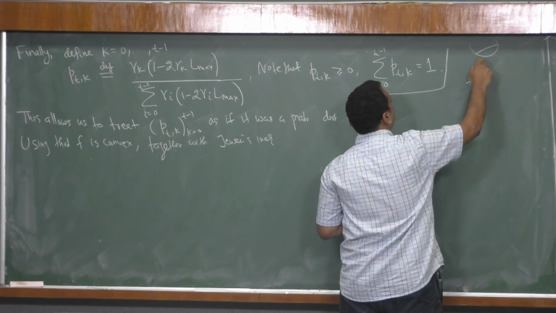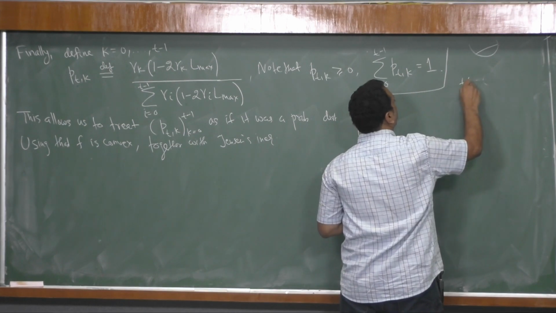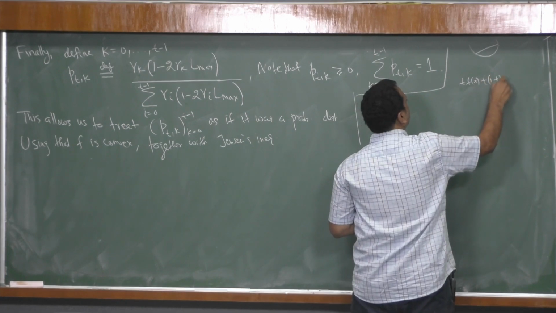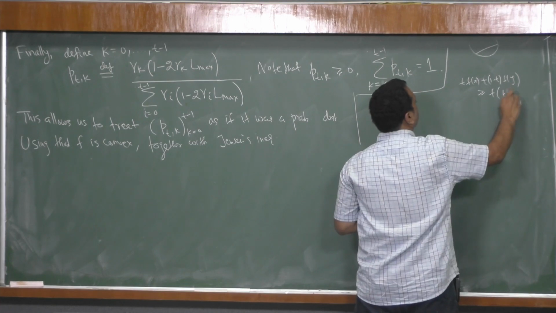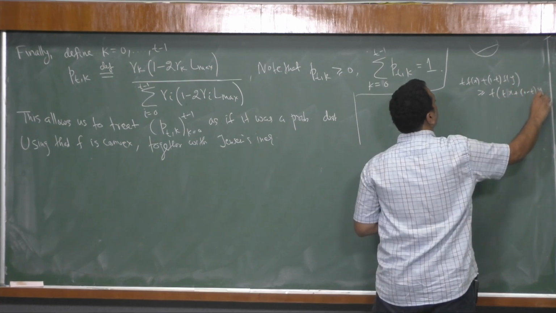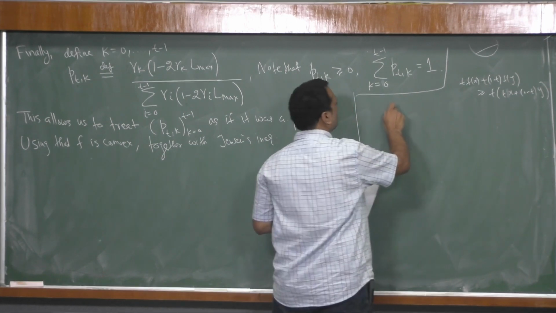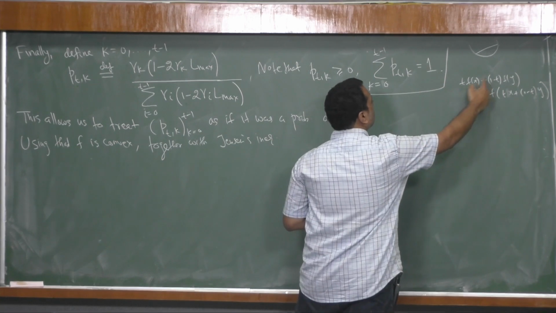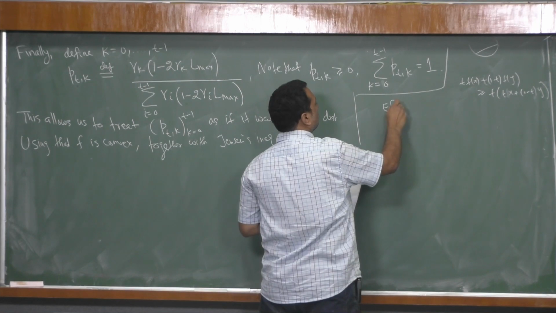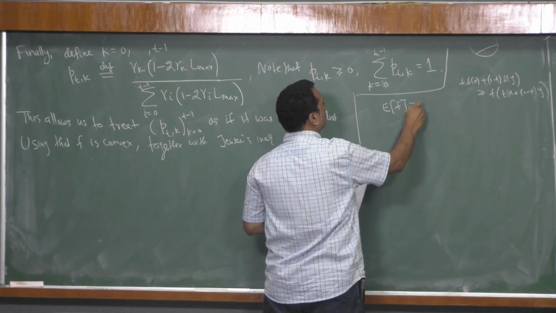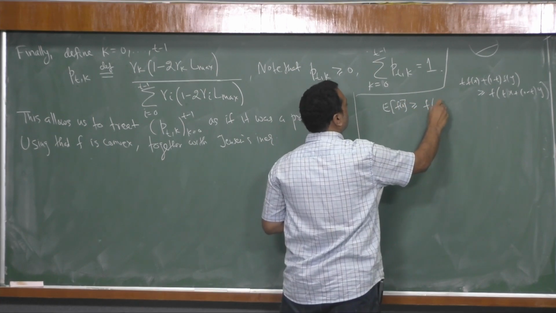It's like t times f of x plus 1 minus t times f of y is greater than or equal to f of t x plus 1 minus t y. Now, as we also told in the class, in the optimization, this is like the average of f. So this is like the expectation of f. The expectation of f of x is greater than or equal to f of the expectation of x.